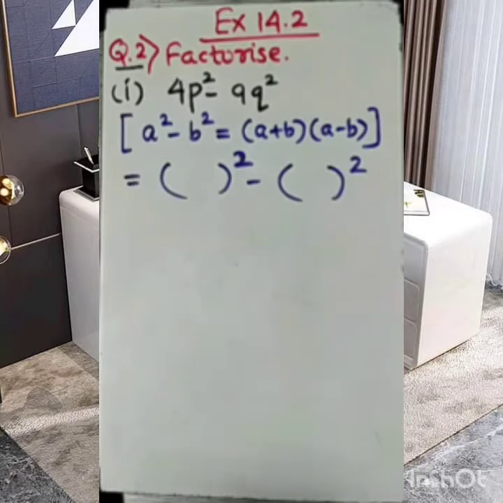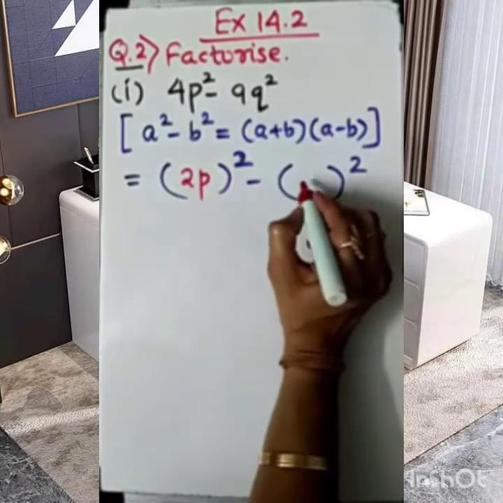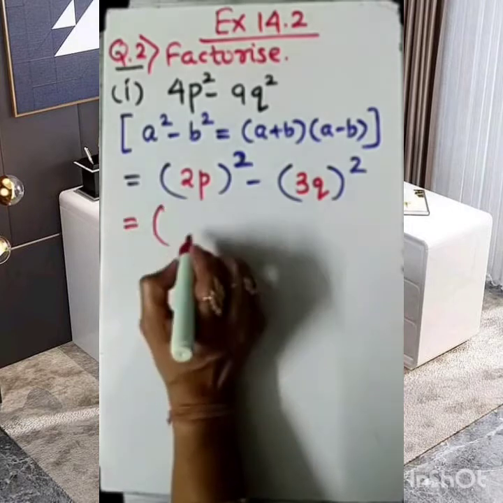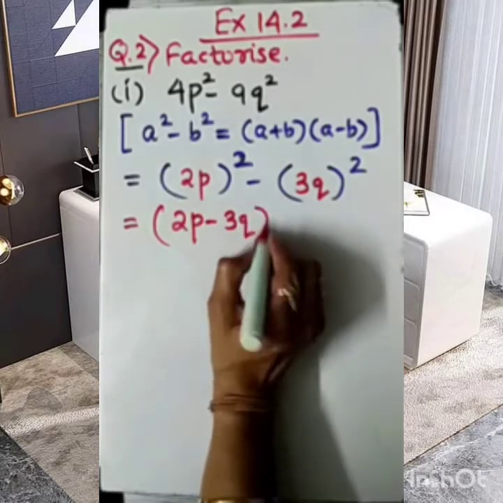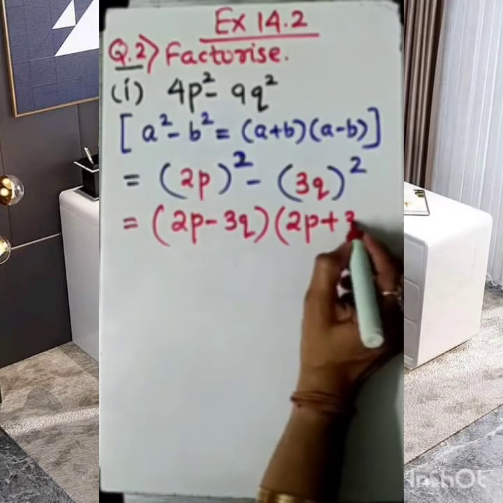That is, 4p square is a square of 2p. You know very well. So I need to mention here it is 2p. 9q square is a square of 3q. So I need to mention 2p minus 3q, and here I need to mention 2p plus 3q.